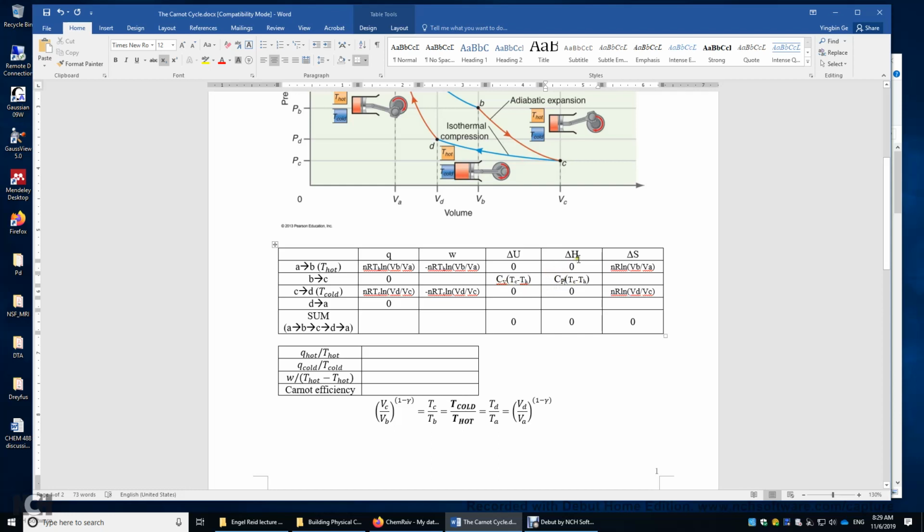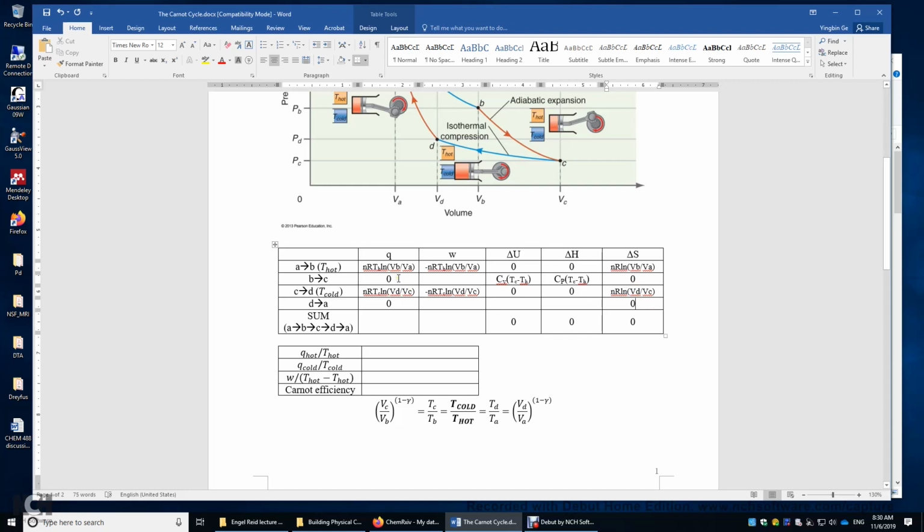Again, H by definition is equal to U plus PV. And therefore, we can prove that Cp equals Cv plus nR. So now we have these two computed. How about the entropy change? For an adiabatic reversible process, dq reversible is 0. Therefore, dS is 0. So we can put 0 here and here for an adiabatic reversible process.